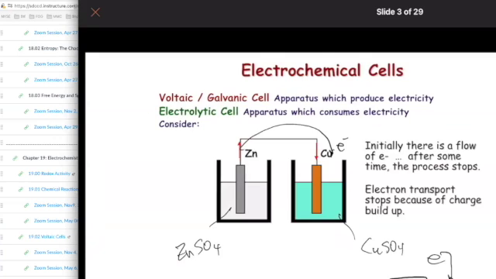Okay, and then here we have this circuit, and if we just connect the two, zinc sulfate and copper sulfate, then it's not going to work because the electrons will build up on one side and then the electricity is going to stop. We have a barrier for the electron to transfer. So we close that barrier by putting in a salt bridge, and the salt bridge will complete the circuit. And now the electrons, or at least charge, will be available to flow.